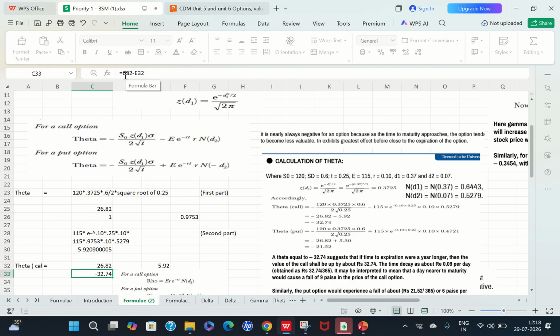So always remember, theta answer will always be in negative value and it won't be in positive. Theta values will always be negative and not positive. So please remember it. So this is the first part. This is the second part. Combining both the parts, we are getting a value of minus 32.27.